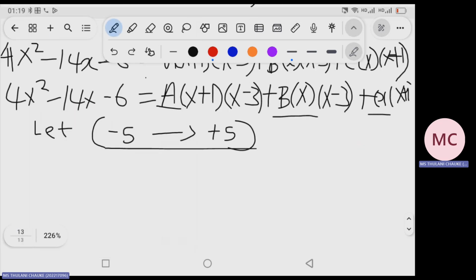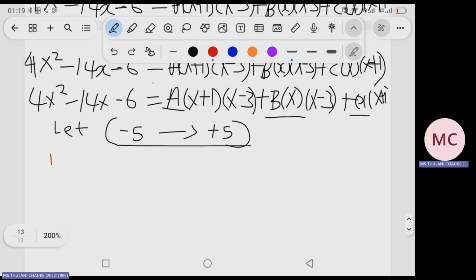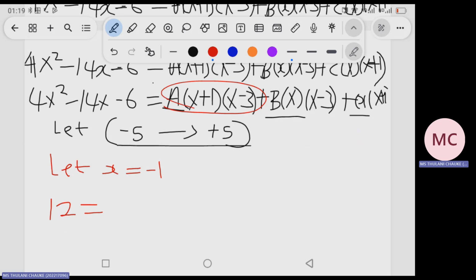Then what I'll do, I'm going to let the first part, I'll let my x be equal to -1. So on the left, if I put -1, we'll get 12, and then this will become 0, plus we put -1 minus 3, then plus 0, because here we're going to substitute 0 where there is x.